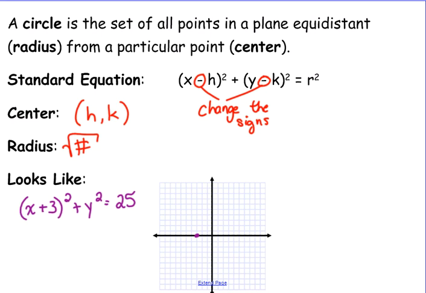And it has a radius of 5, so the easiest way to graph that is from your center, go up 5 units, go down 5 units, right 5 units, and left 5 units. And then make it look as much like a circle as you possibly can.